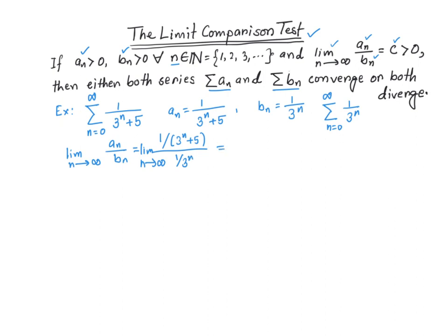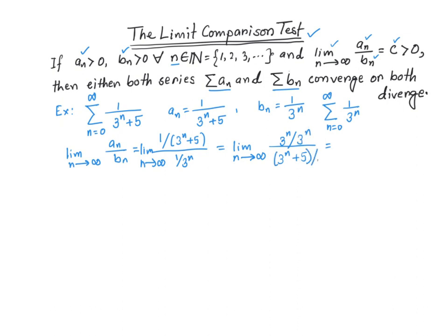So that is going to give me the limit as n approaches infinity of 3 to the power n over 3 to the power n plus 5. Now to simplify this, we can divide both the numerator and the denominator by 3 to the power n.